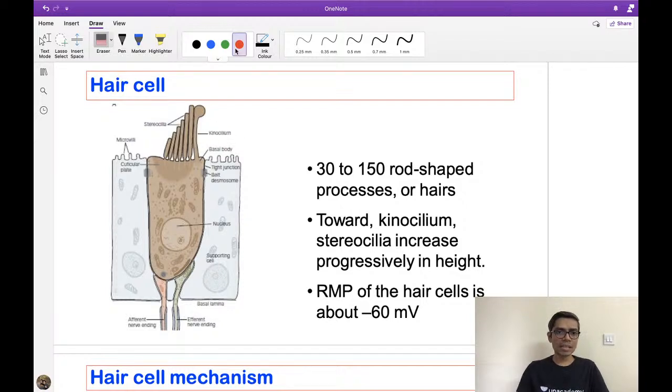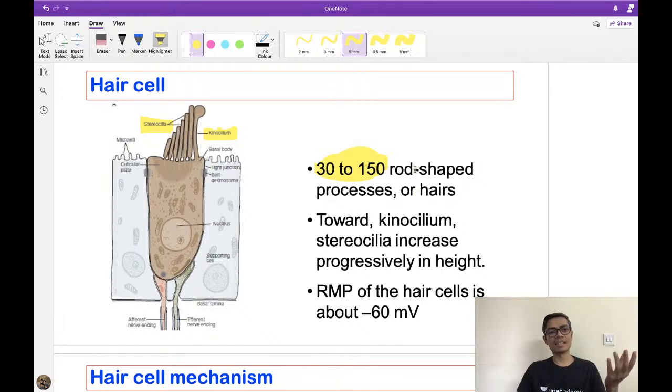This kinocilium is not present in the adult hair cell; it is degenerated, and only stereocilia are present at the tip. 30 to 150 cilia are present on a single hair cell. And if you measure the RMP of this hair cell, it is minus 60 millivolt.